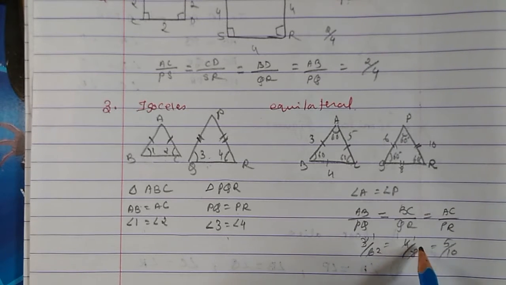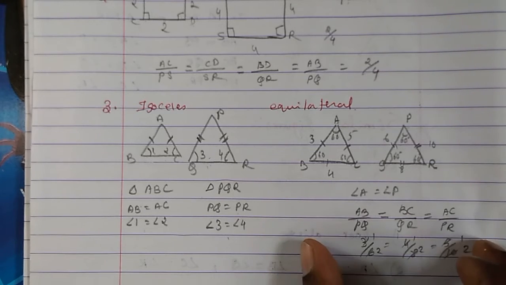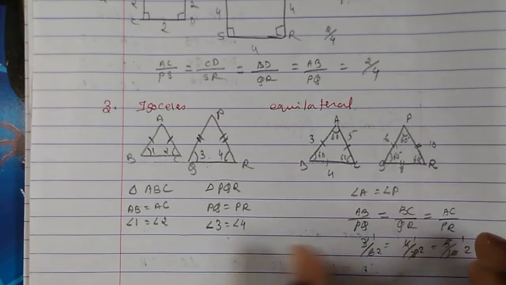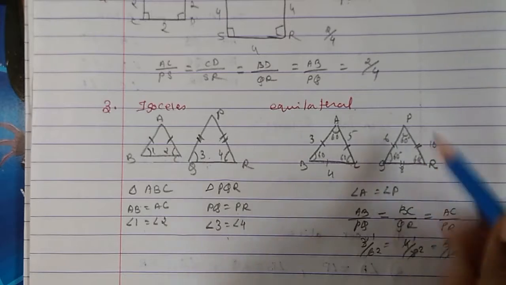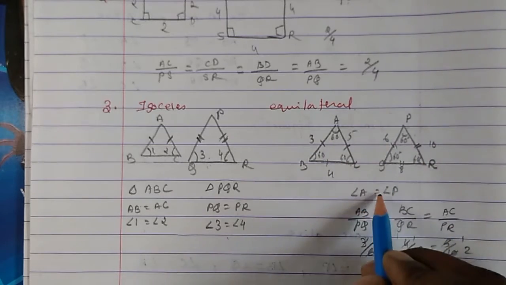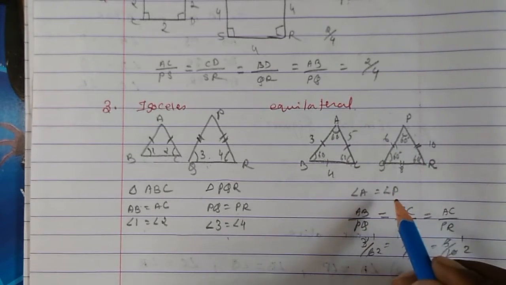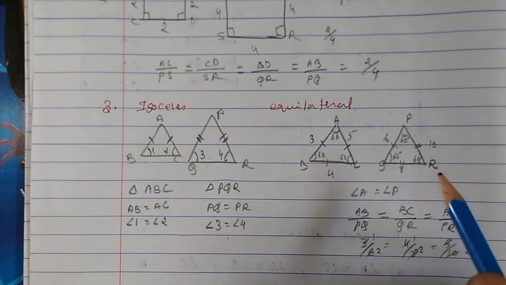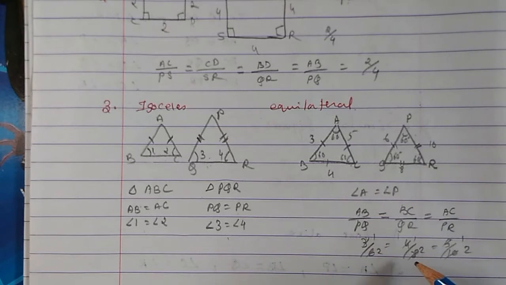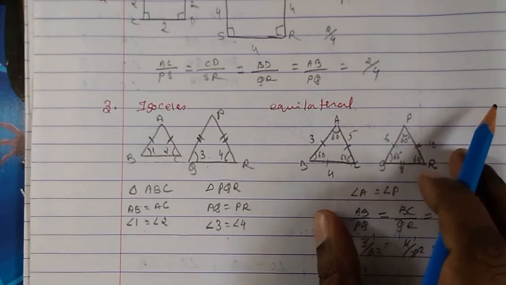So you see, the ratio is the same. So the ratio comes equal, and in an equilateral triangle, angles are the same. Angles being equal means you already have one point for similarity. And if the side ratios are equal, then it comes under similarity.